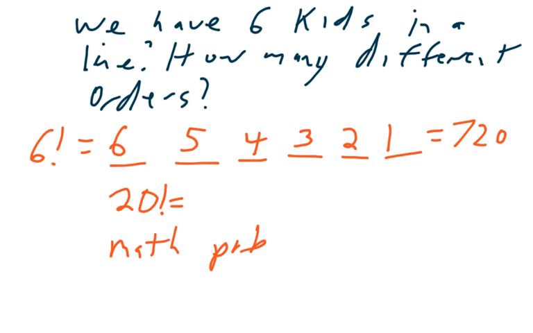So when you do 20, you get a huge number, 2.43 times 10 to the 18th. And so if we had to multiply those numbers, using the exclamation point saves us time.